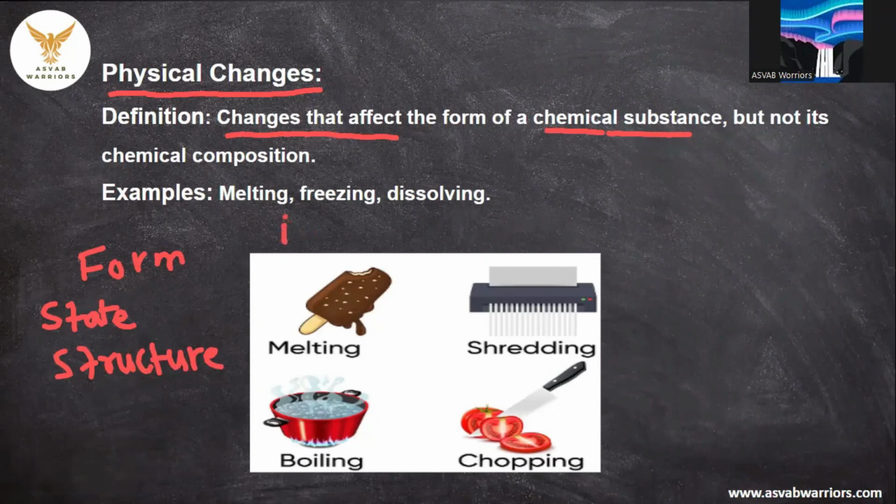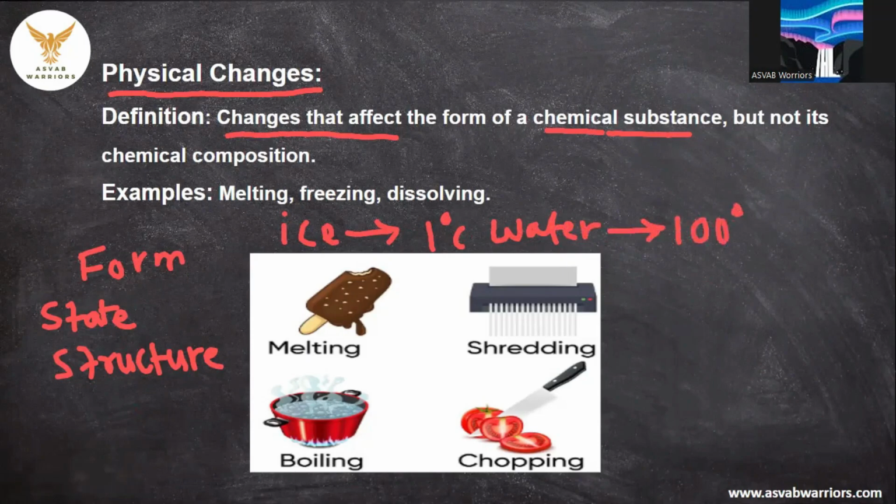Example, if we heat ice from 0 degree Celsius to even 1 degree Celsius, it will get converted into water. If you heat water to 100 degree Celsius, which is its boiling point, it will turn into steam.